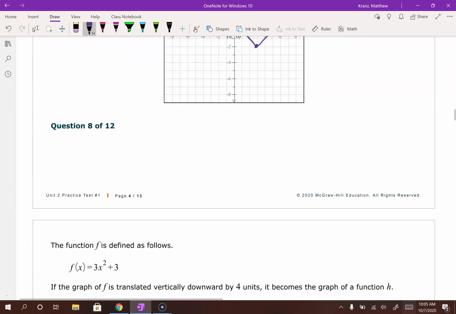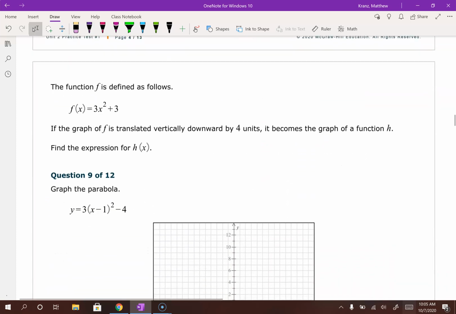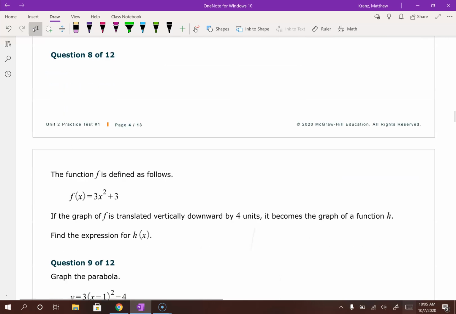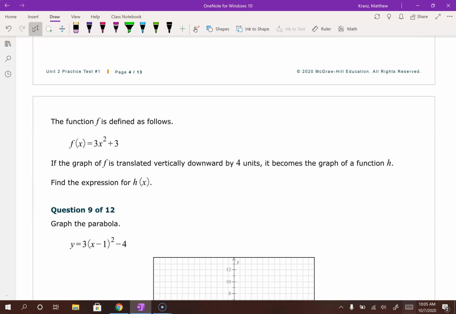All right. Number 8, the function is defined as f of x equals 3x squared plus 3. The graph of f of x is translated vertically down 4 units, and it becomes the graph of function h. Find the expression for function h. So h of x is basically this one when it goes 4 units down.